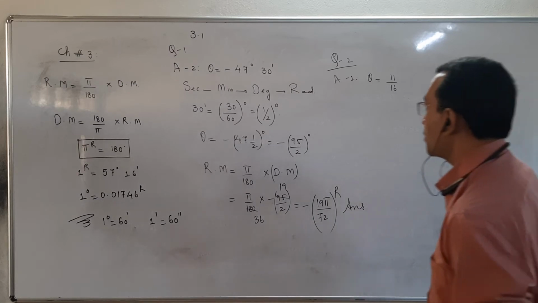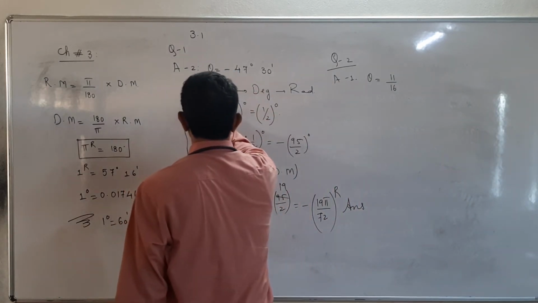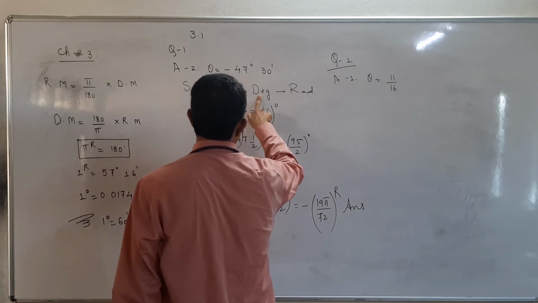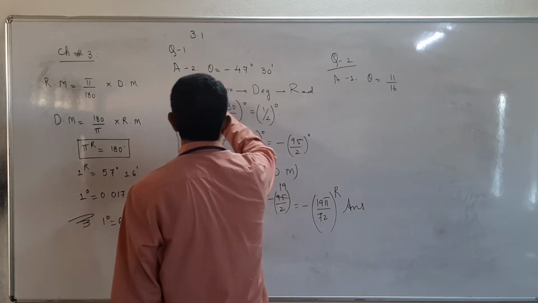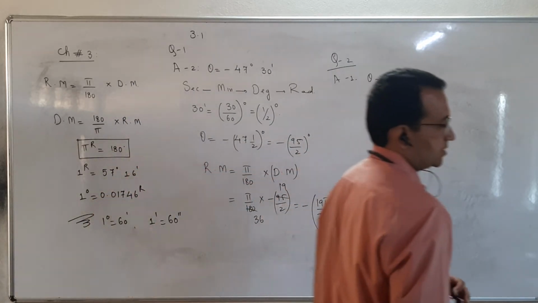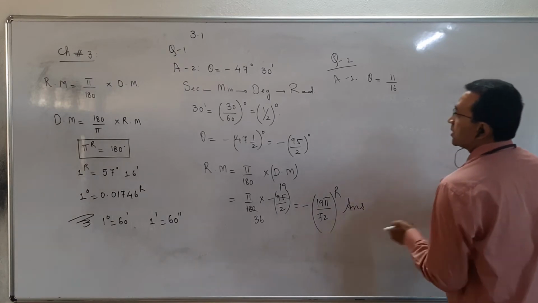From degree to radian, the conversion was second to minute, minute to degree, and degree to radian. Here, radian to degree, degree to minutes, and minutes to second. So, the convention and the chronology change here. That much only, students, you have to remember.